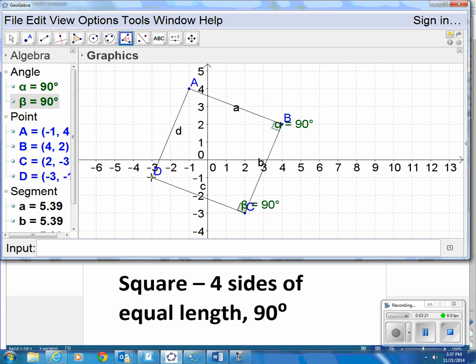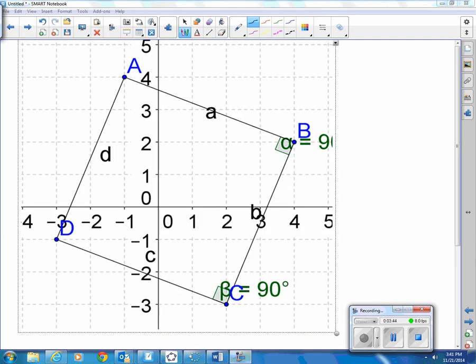But if you didn't know that, you could go off of the slope and show that the slopes are negative reciprocals of each other, and that would mean that the slope of A compared to B would be perpendicular. Let me show you. So going from A to B, I go down 2 over 5. So the slope there would be down 2 over 5.